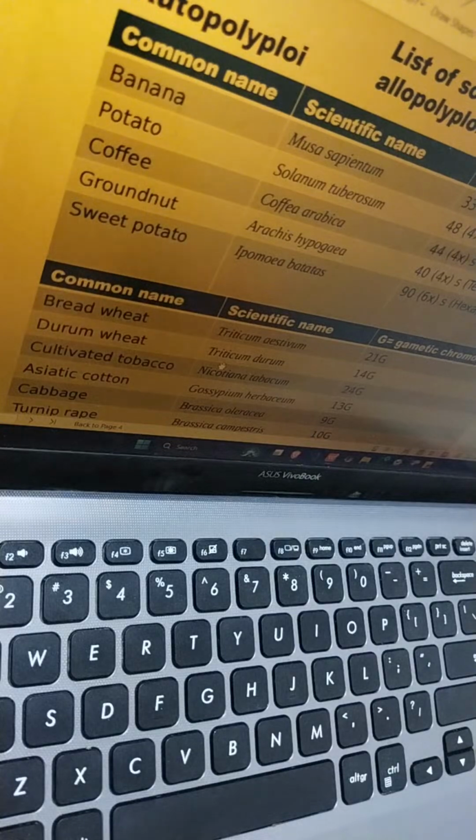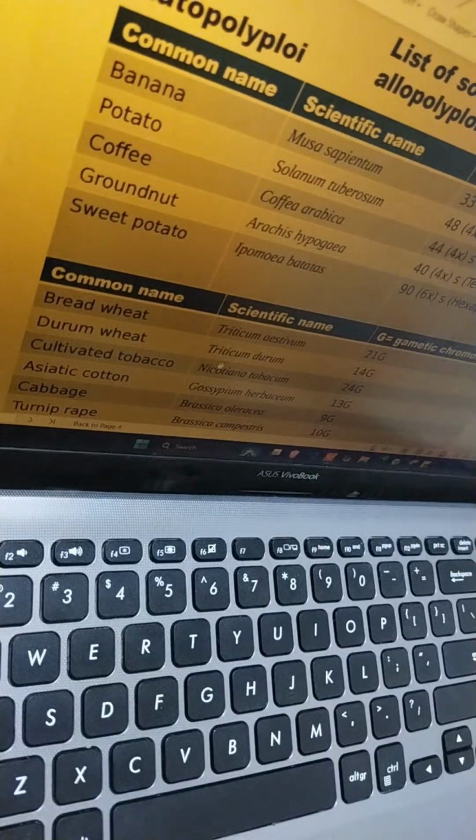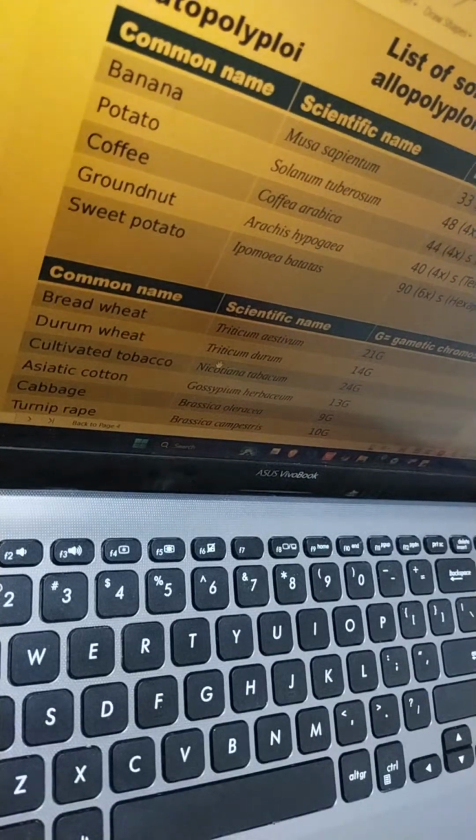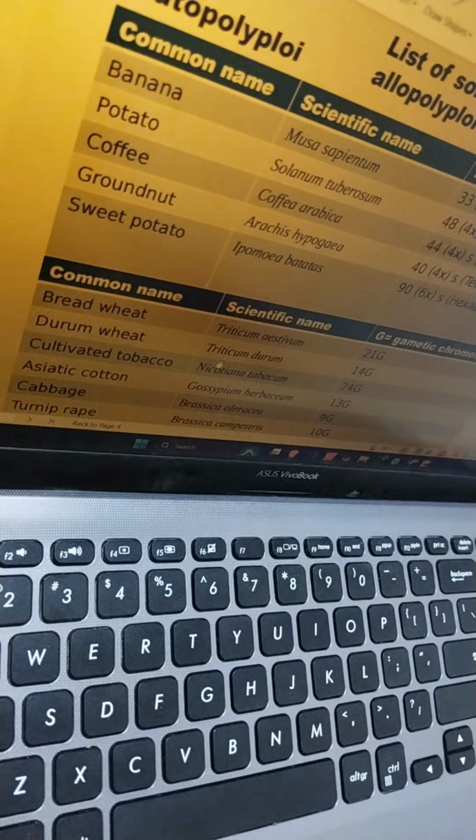Autopolyploids include banana, potato, coffee, groundnut, and sweet potato.